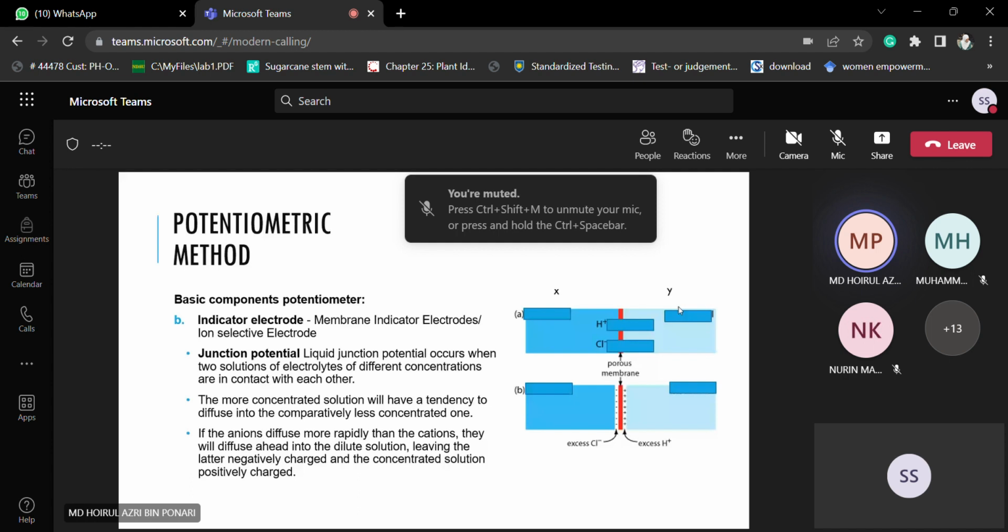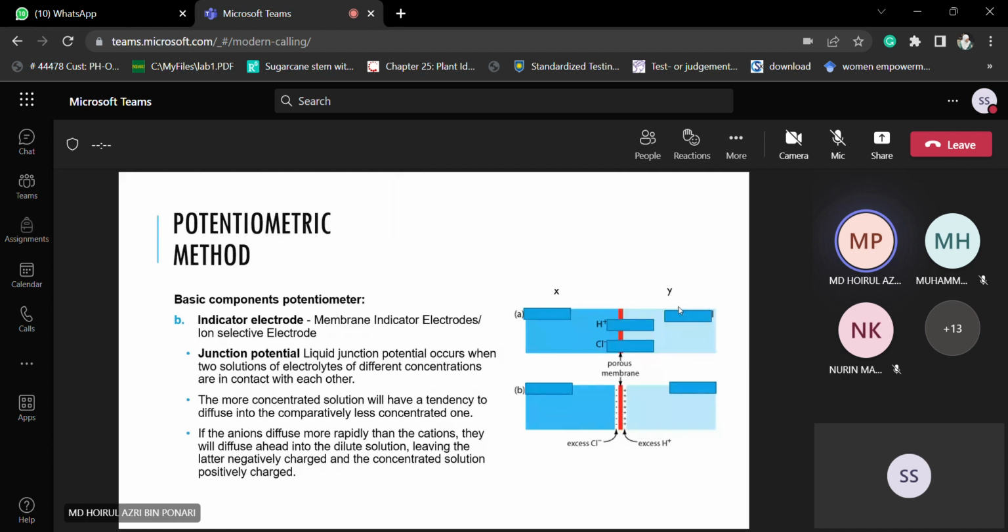Kita ada satu high concentration which is X solution, dan lagi satu kita ada low concentration solution which is Y solution. So what happens bila kita biarkan dua solutions ni lama-lama? Dia akan ada equilibrium.